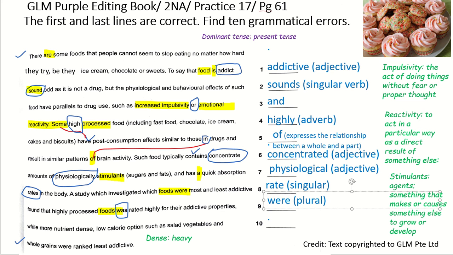While more nutrient dense than heavy, low calorie options such as salad, vegetables, and whole grains will rank least addictive. So here should be plural form as well. Plural form should be options. Okay, so that's it for practice 17.